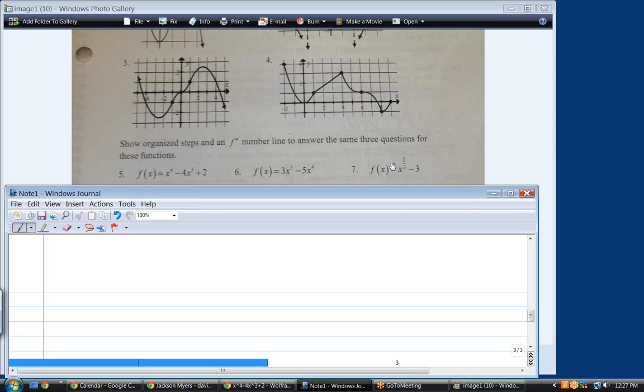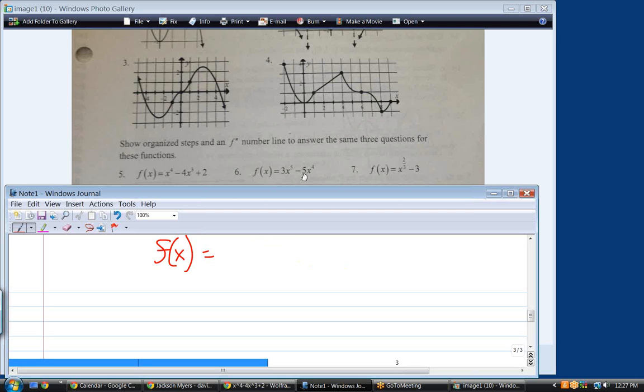That looks familiar. We did. Yeah. Let me find it here. We did x plus 1 to the 2/3. Oh, yes, that's right. Because those were three different questions. That was where is it increasing, where is it decreasing, and where's a minimum and maximum.